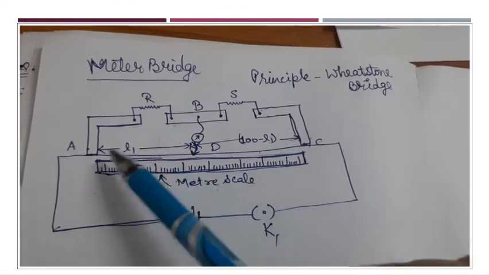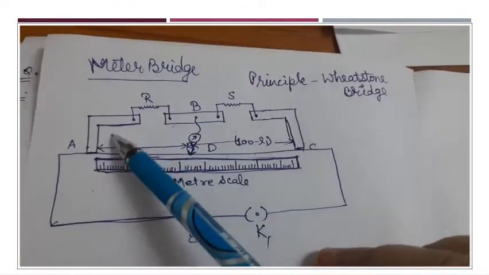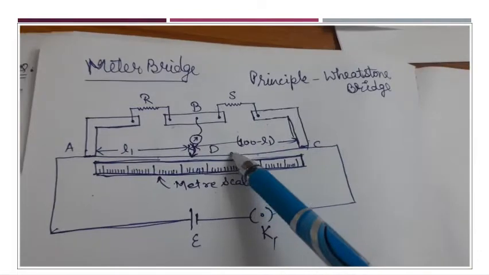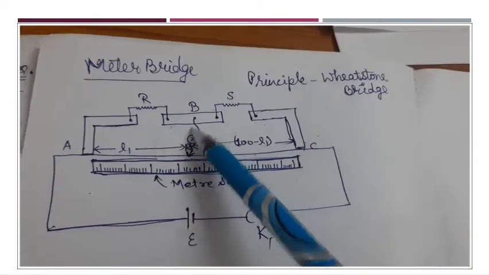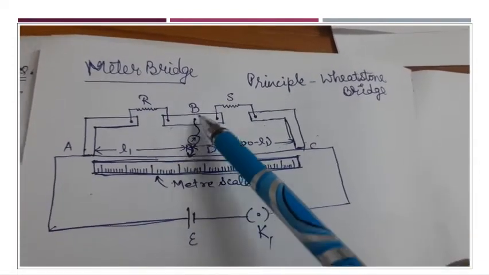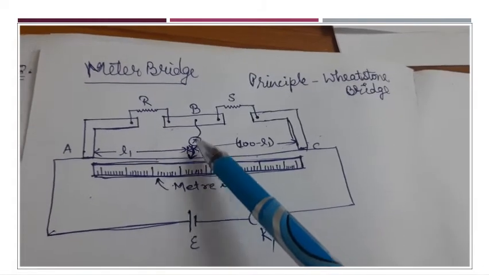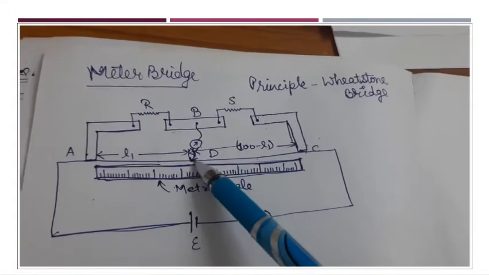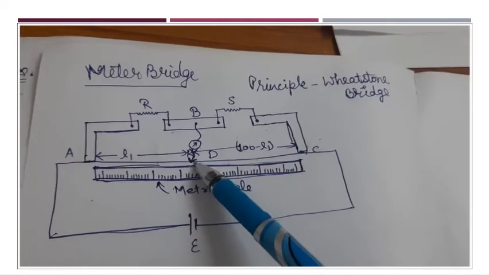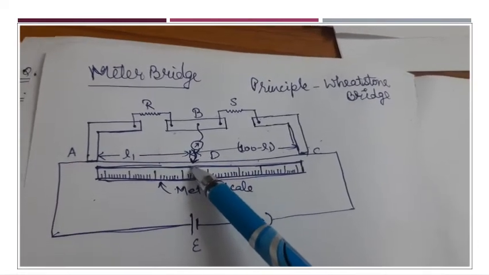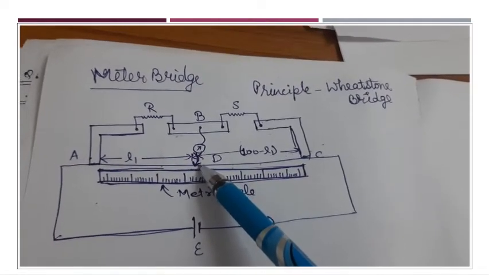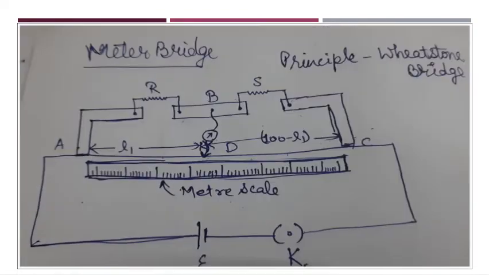a Wheatstone bridge having four arms AD, R, S and DC is formed, and in between, BD is the galvanometer arm, in which a galvanometer is connected and a jockey is provided. Jockey is nothing but a contact which can move on the wire.